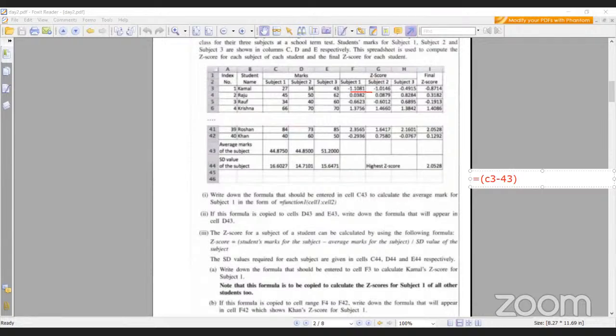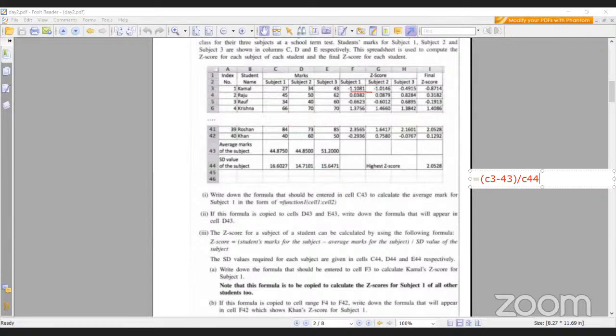So C3 minus C43. Again, you have to divide by what? Divide by SD value for the subject. So SD value is again given. Subject 1 is given C44. This is the thing you have to write. But they are telling you have to take it to the other cells also.